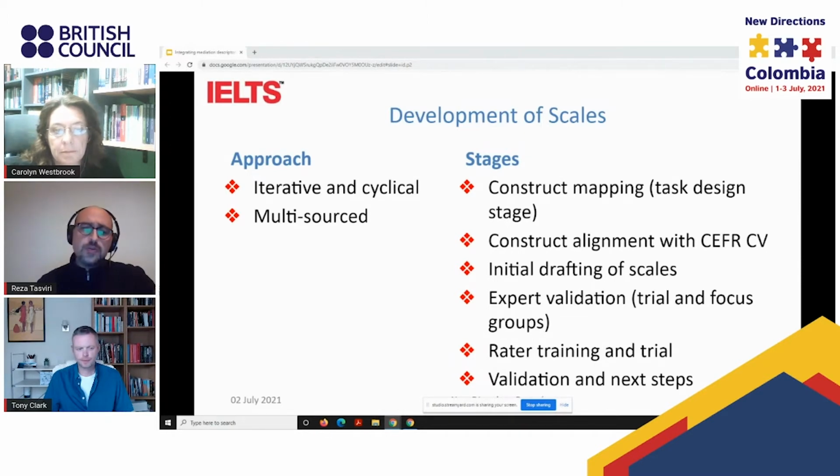Then a few minor iterations of refining the scales until we got to the point of trialing the scales. And then the raters were trained to use the scales, and as a final step, which can of course be ongoing, was using the scores from the trial to do further validation.